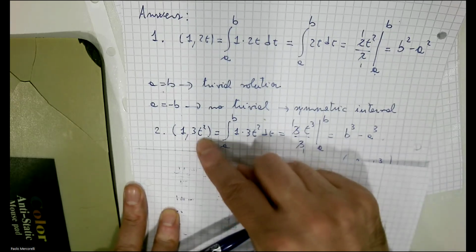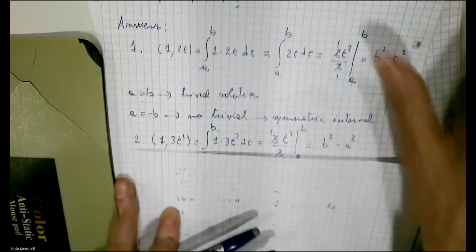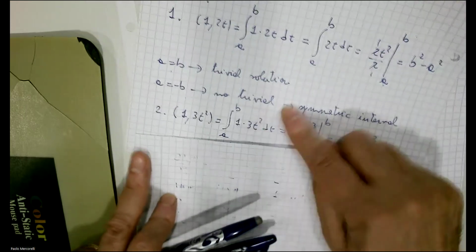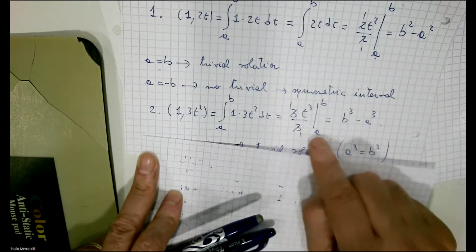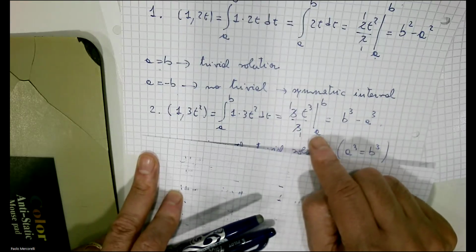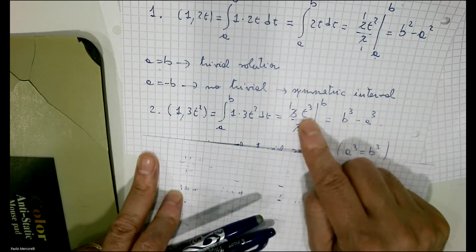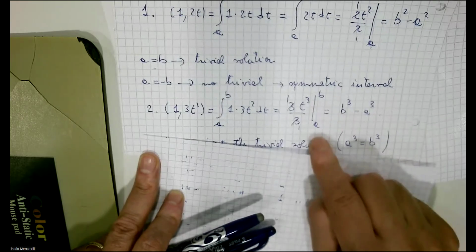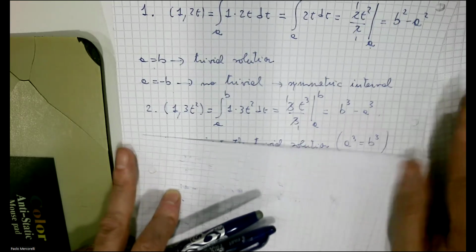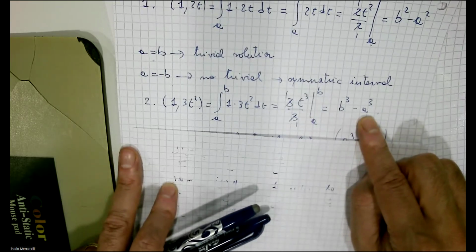1 and 3t squared. I apply the definition, which I will put in the text. This means now the integral of 3 times t squared is 3 multiplied by t up to 3 divided by 3, calculated between A and B. We have B up to 3 minus A up to 3.